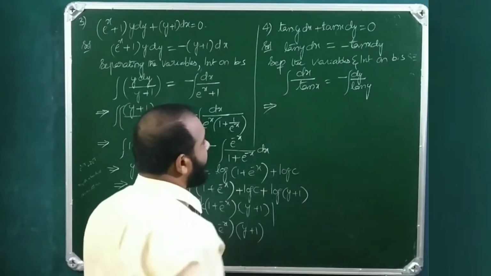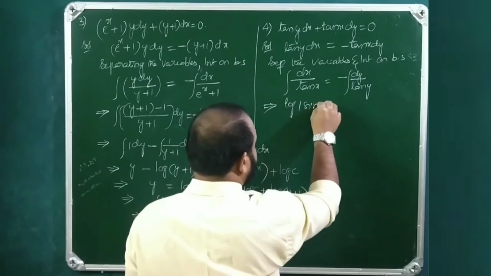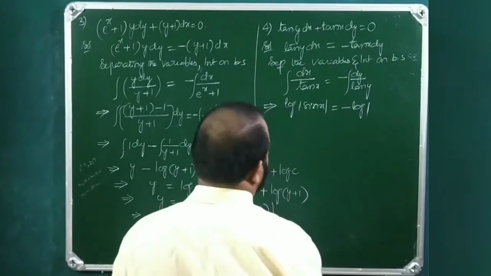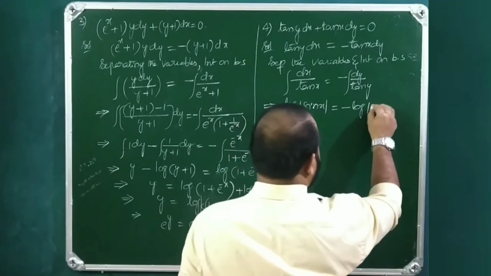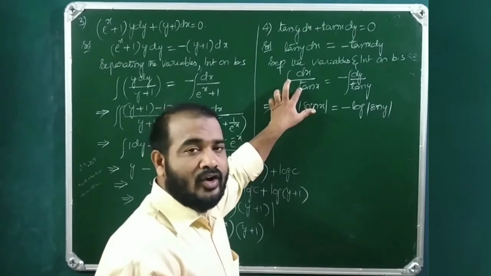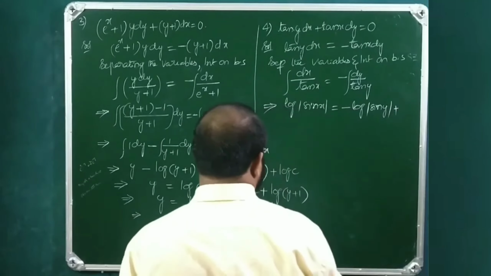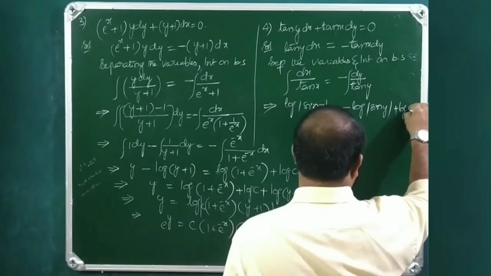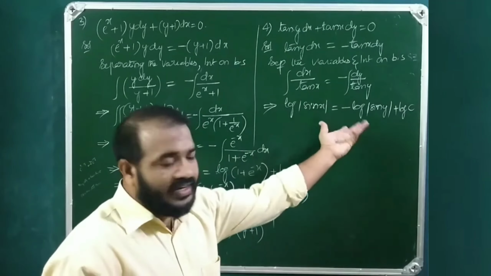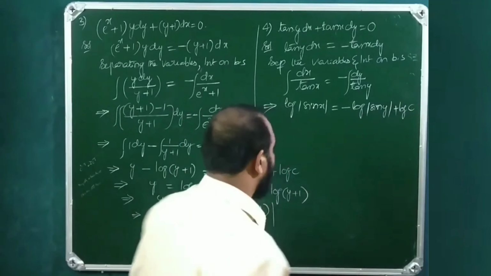So this is integral 1 by tan x is log mod sin x, equal to, this is minus log mod sin y. 1 by tan x is cot x. Integral cot x is log mod sin x. So plus log c, c is the constant of integration. One on either side is to be added. So this time I have added on the other side now.